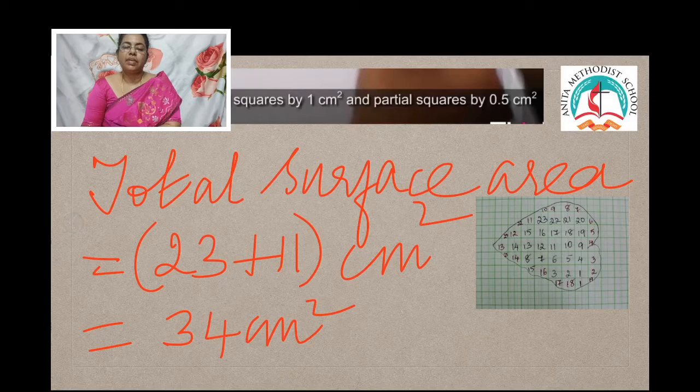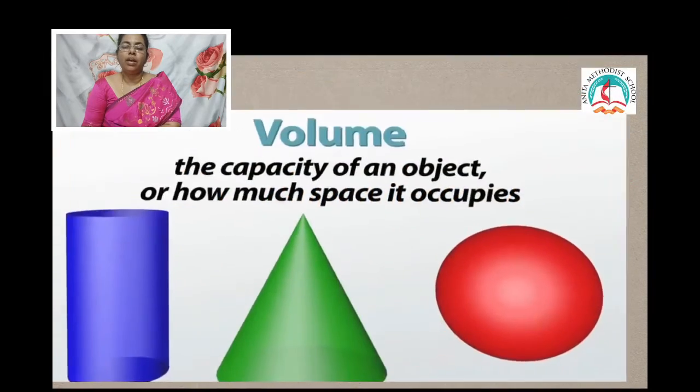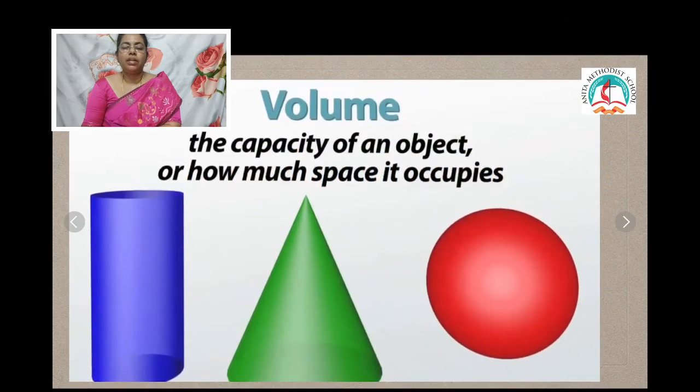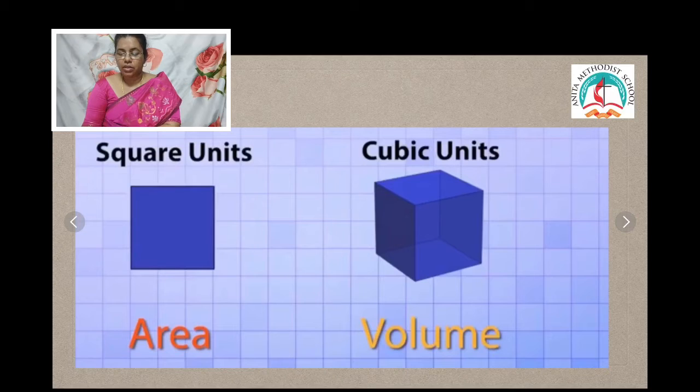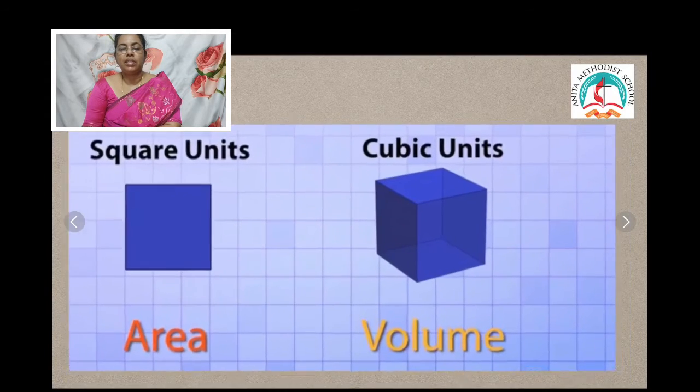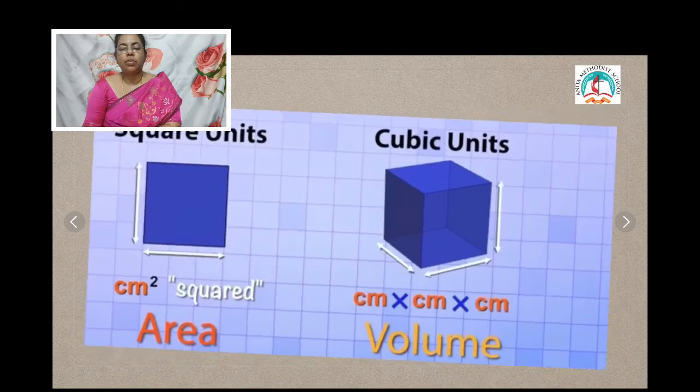Okay. Now next we are going to learn about volume. What is volume? It is the capacity of an object or how much space it occupies. So the amount of space occupied by a three-dimensional object is called volume. Area we measured in square units, but volume we measure in cubic units.